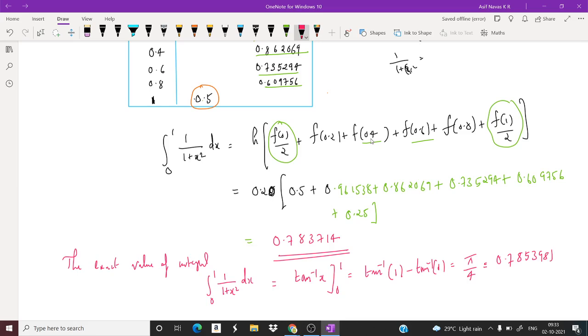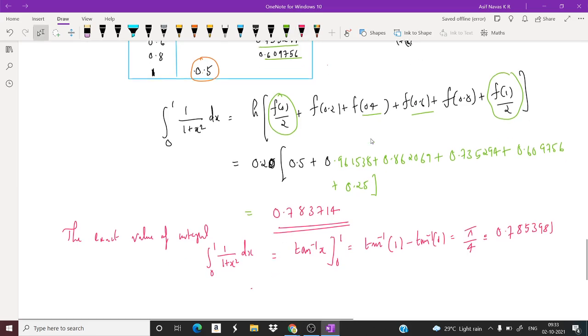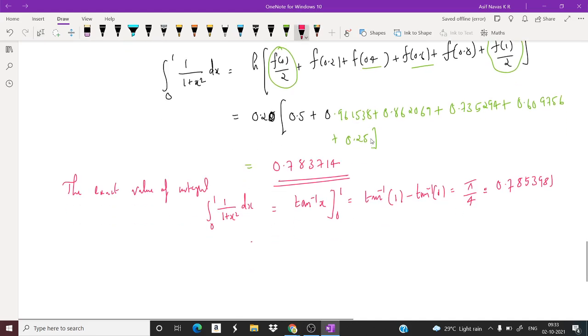0.785398. Now we will calculate the error. The error is exact value minus approximated value.